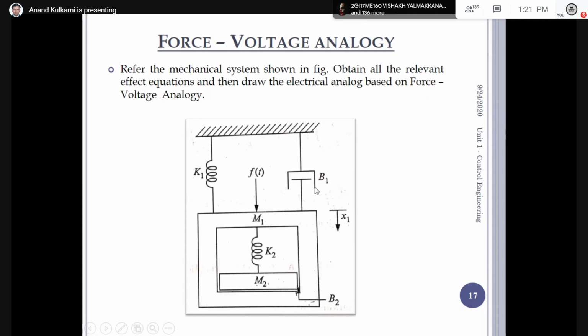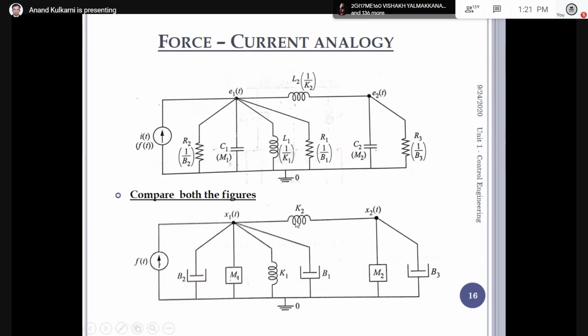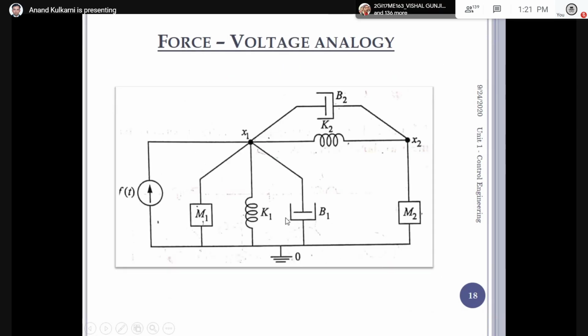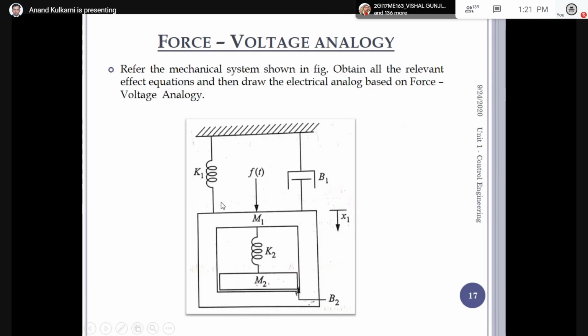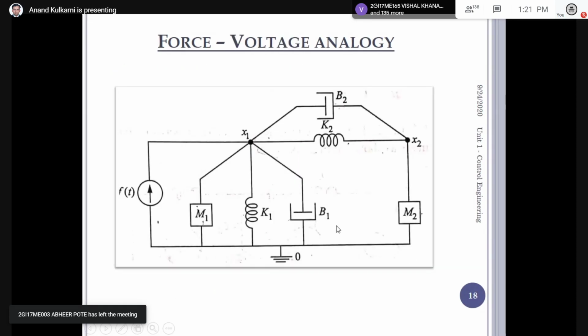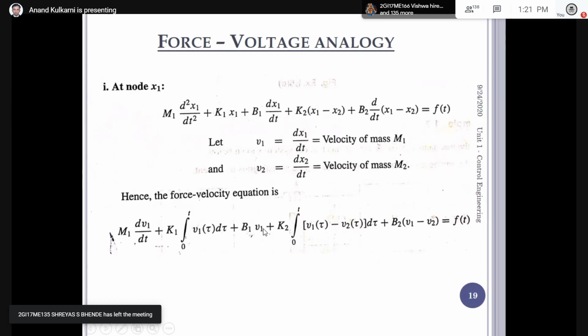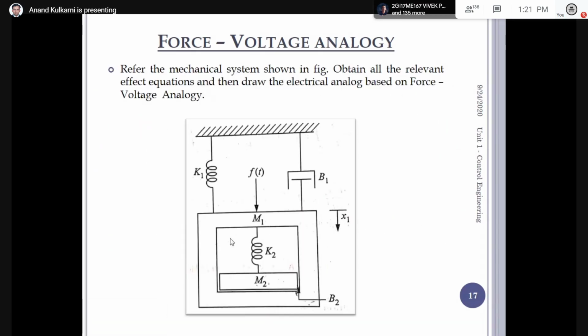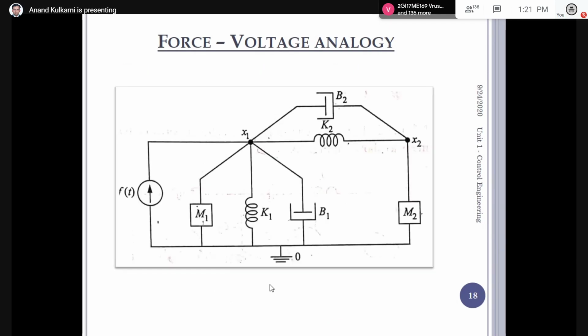So at node 1, the interactions are 1, 2, 3, 4, 5 and 6, and that has been done here. And at node 2, which is not shown, we can consider mass: if there is mass, there will be a displacement, and if there is a displacement, there will be a node.